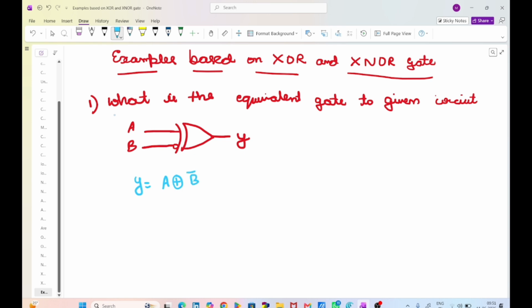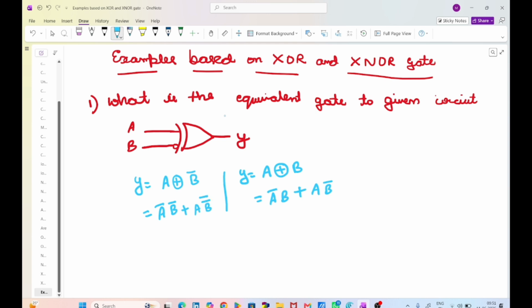We know that A XOR B is equal to A bar B plus A B bar. Let us write here: A bar, B bar, then plus A, B bar.